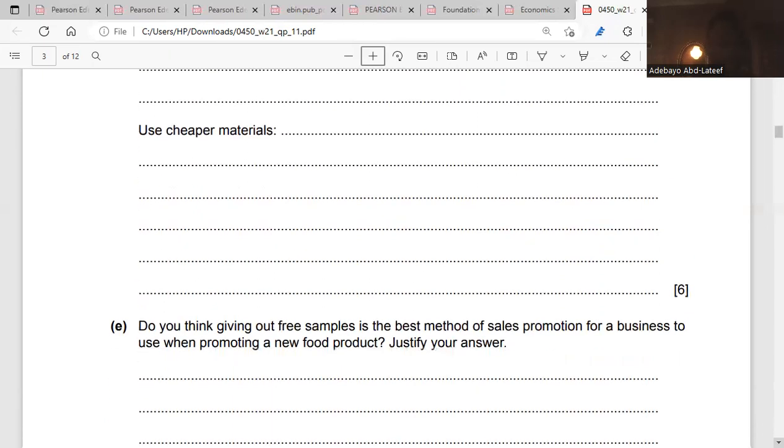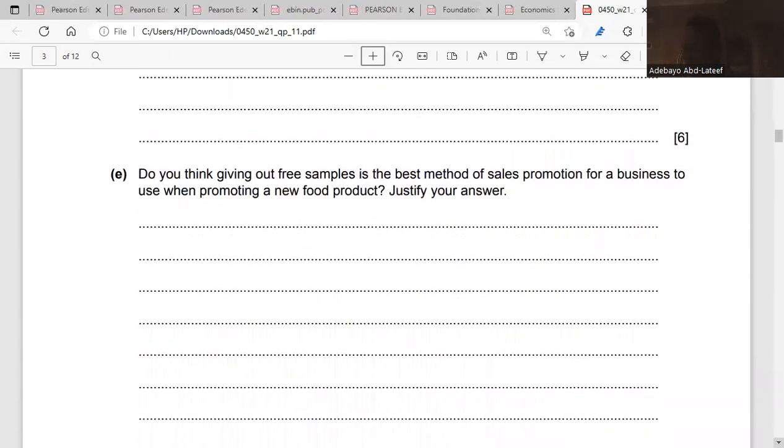A, do you think giving out free samples is the best method of sales promotion for a business to use when promoting a new food product? Justify your answer. I say yes, based on the following reasons. One, when you give free samples, customers will be able to taste the product, and taste is one aspect of buying.